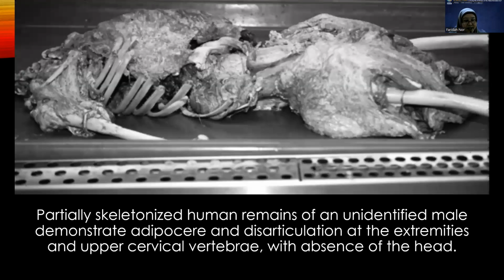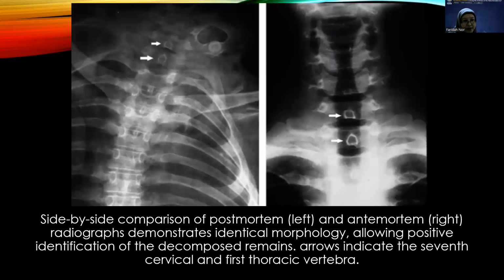This is a partially skeletonized human remains of an unidentified male demonstrating adipocere and disarticulation of the bones. A side-by-side comparison between the postmortem and antemortem allows positive identification on the vertebrae.